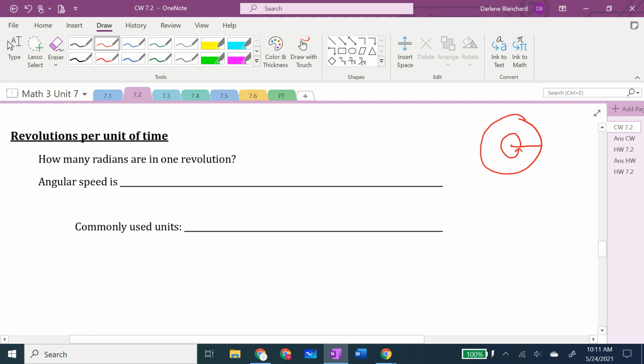How many radians is one full rotation of a circle? 2... 2. Thank you. 2 pi.